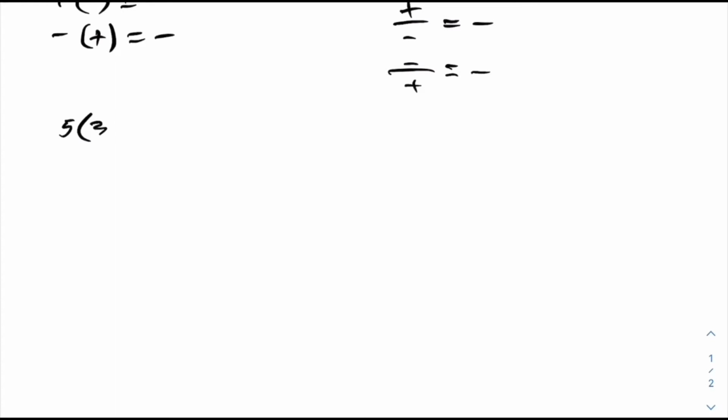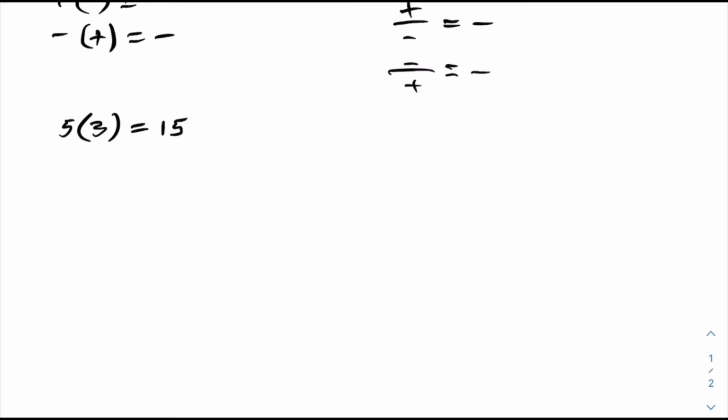Let's do some examples for multiplication, working with signs. If you have positive 5 times positive 3, that will be positive 15. Again, if you're multiplying a number that doesn't have a sign in front of it, it's assumed that it's positive.